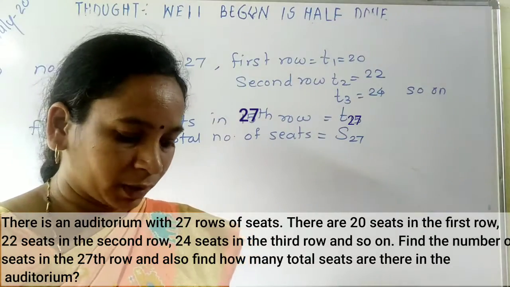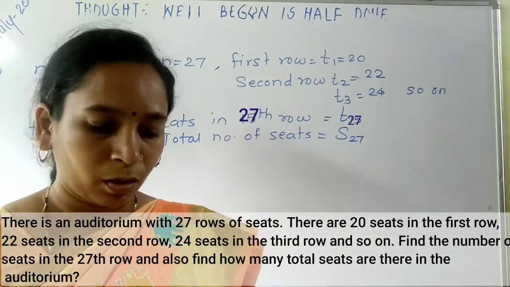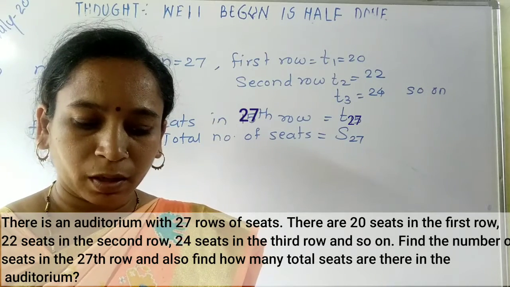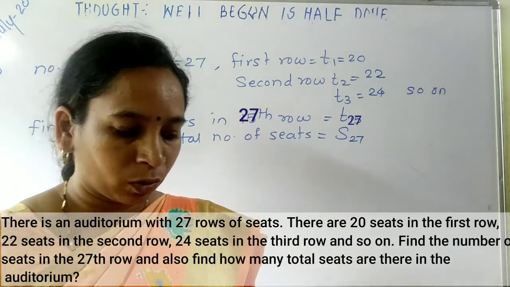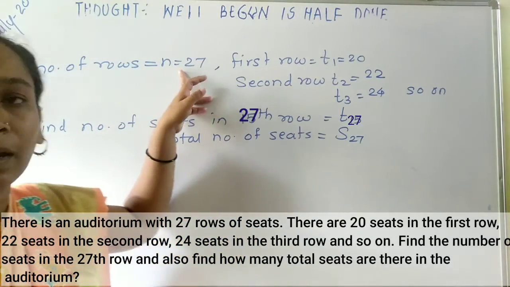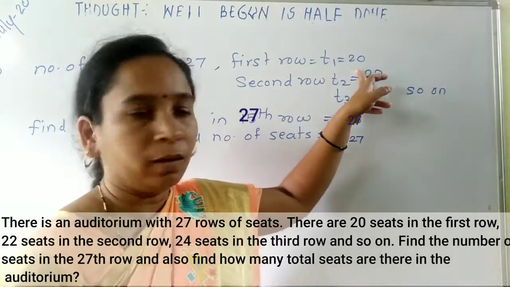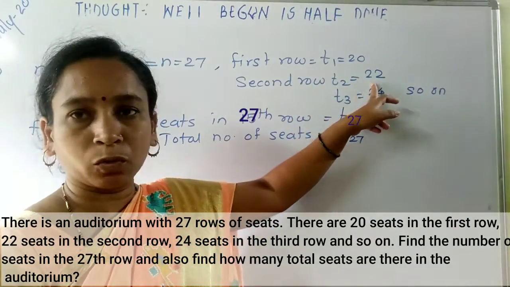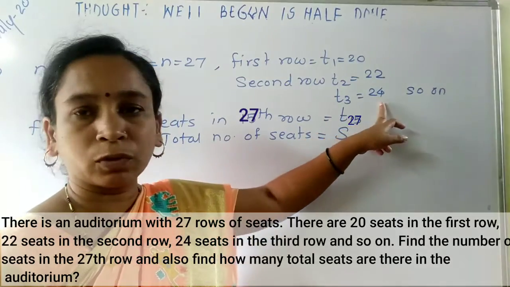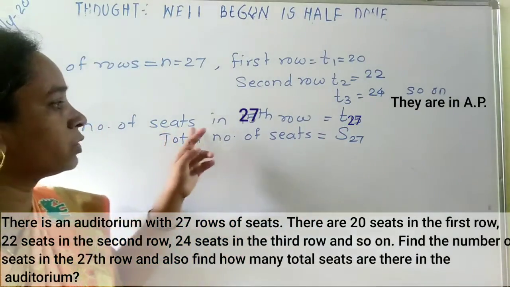Fourth example. In this example they have said that there is an auditorium with 27 rows of seats. There are 20 seats in the first row, 22 seats in the second row. Now total number of rows, n is equal to 27. In first row there are 20 seats, second row 22 seats, and third row 24 seats, and so on till the 27th row.